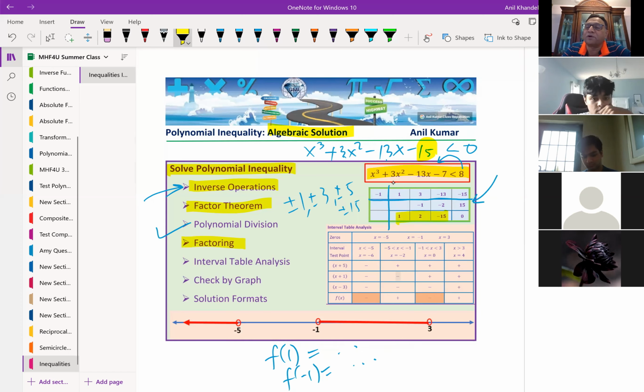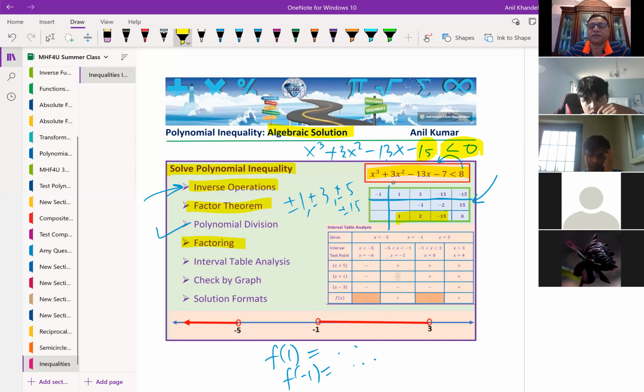Once you have the factored form of the polynomial, you have to now work on the inequality, which in this case is less than 0. That means if I multiply all the factors, I should get a negative value. That will be part of my solution. A cubic equation is expected to give you 3 real roots. They may be distinct or they may not be distinct. All 3 could be at 1 point, 2 points, or 3 points. Or they may be 2 imaginary. But at the most, 3 roots are expected.